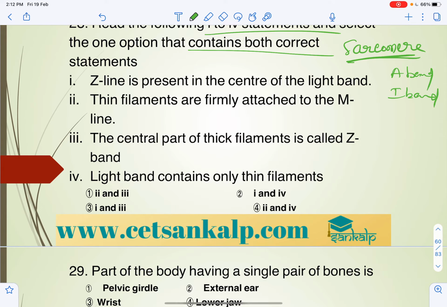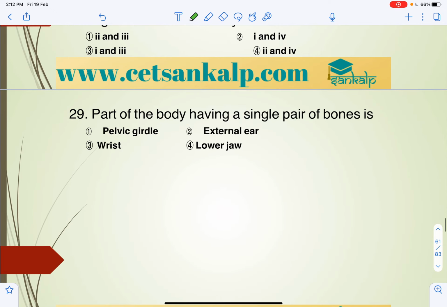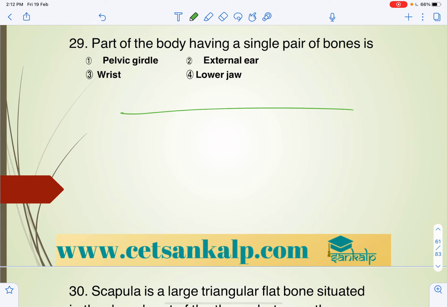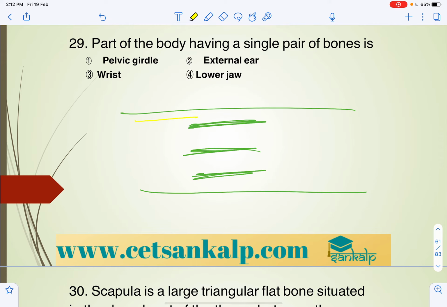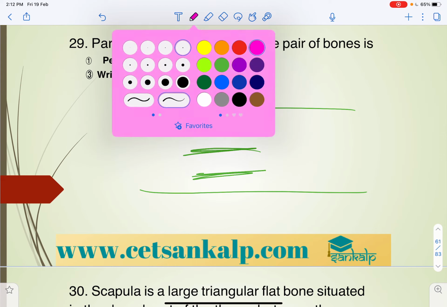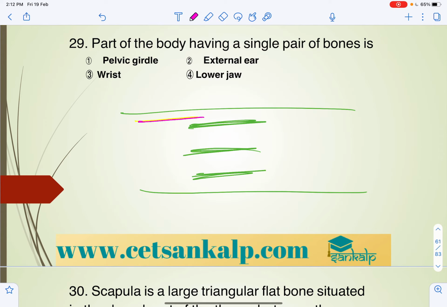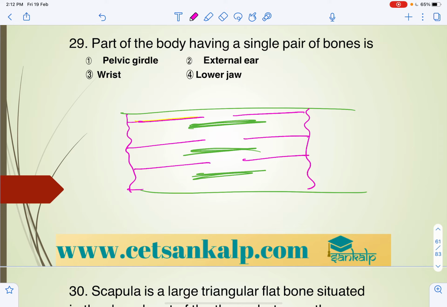So let us just recollect that with a simple diagram. This is a thick band, and these are the thin bands. These bands are attached to the Z line and they overlap, right?